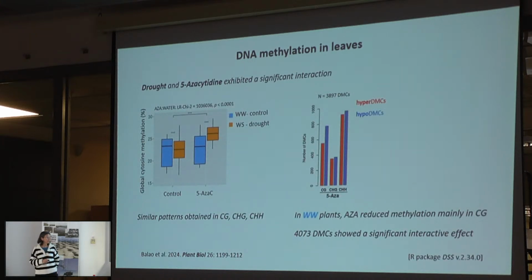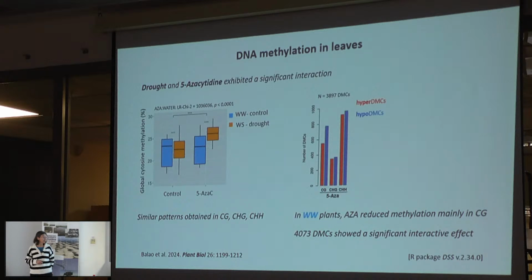But it's interesting to see that in the other two contexts, there are changes with gains and losses of methylation in the same proportion, and that's also interesting. We also have many loci in which the methylation that was in the control plants is lost. So it's a net decrease, but increases in methylation are also found.